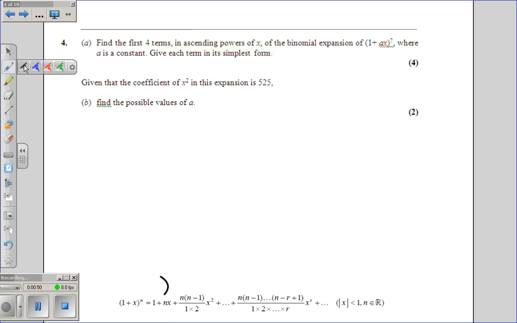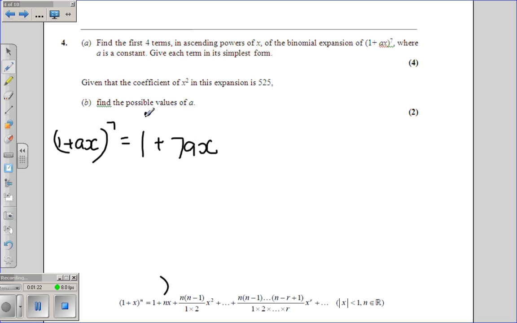Show all your working out and then simplify it at the end. So the first 4 terms, well, the first term is just 1. So (1 + ax)^7 equals 1, and that's the first term. The second term is n times x, so n is just the power, so that's 7 multiplied by, now it's not just x, remember, it's ax, so it's 7ax.